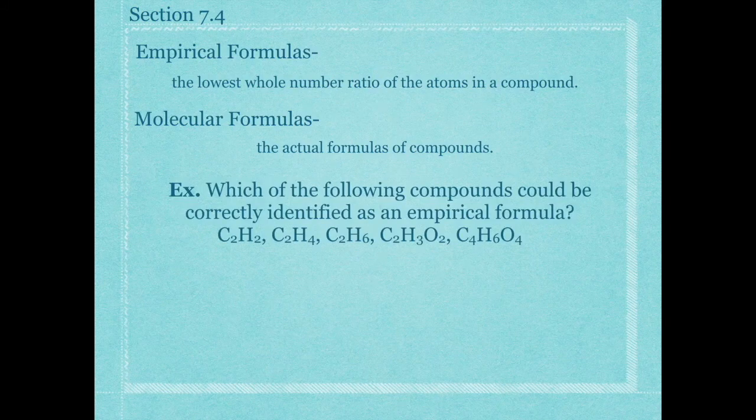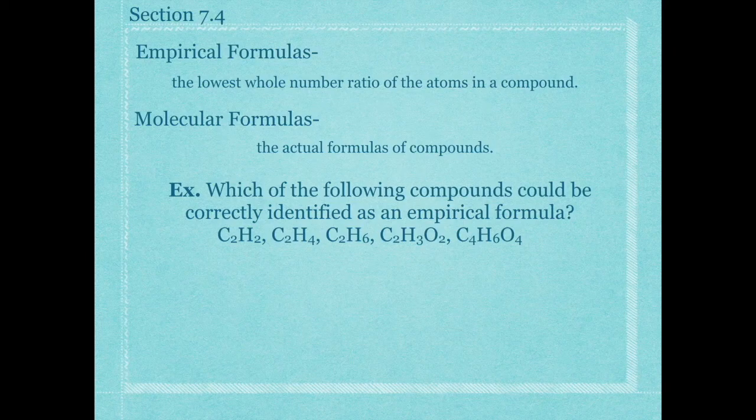So if we look at this example here, the question asks you to identify any empirical formulas. Well, C2H2 is not the lowest whole number ratio, and therefore it is not the empirical formula. It is a molecular formula. C2H4 again is not the lowest whole number ratio because you can simplify that to CH2, so that would not be an empirical formula.